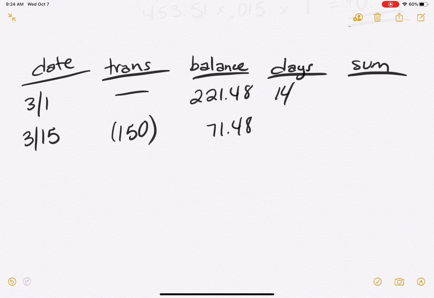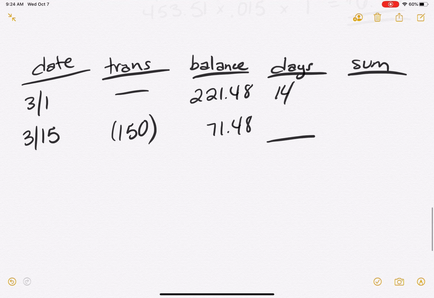How many days are in March? January, February, March, 31. Oh, the knuckle trick. If it hits on top of a knuckle, it's 31. February's tricky, sometimes 29. March is on top of a knuckle, so it's 31.